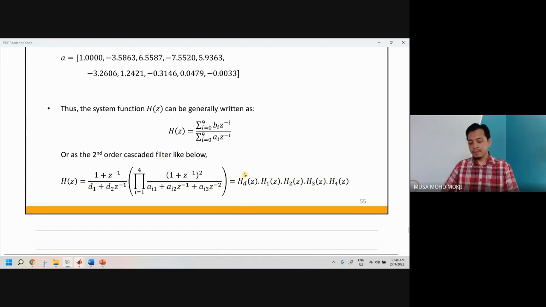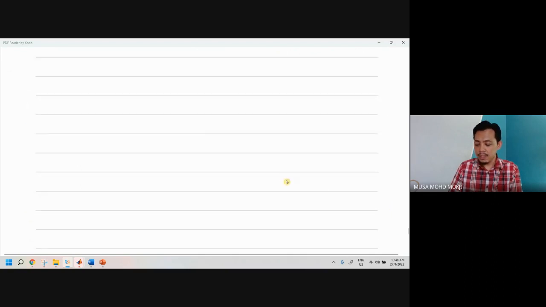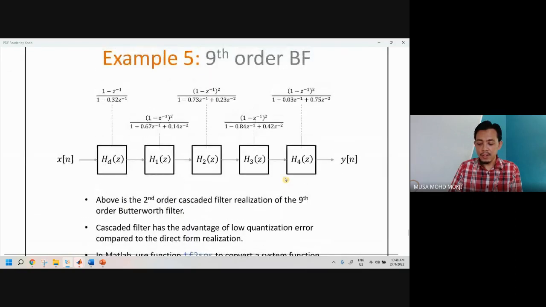In the final exam, we have this term, cascaded, so be sure that you know what cascade is. Cascade means you are multiplying every filter in the frequency domain or Z domain. And what will it be in the time domain? This is how it looks. Xn goes through HD and then goes to H1, H2, up to H4, and then you get your output.